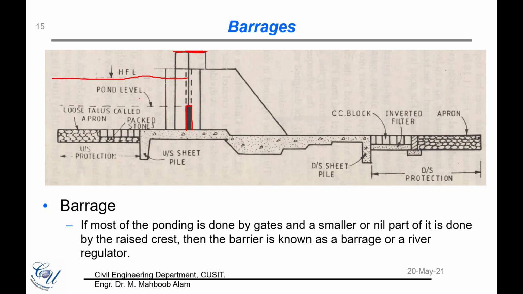And this has a very big impact on the downstream hydrograph. If you have a weir and there is a flood situation, once the water exceeds the level of the weir, the hydrograph would be more or less the same as the original flood. So the peak wouldn't be that much different in case of a weir.